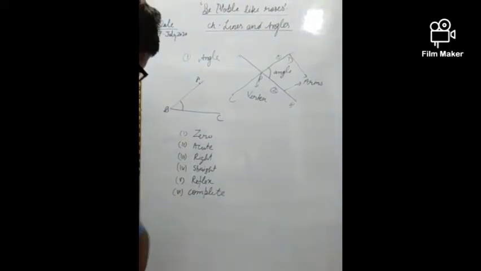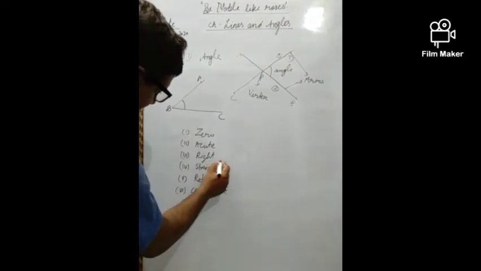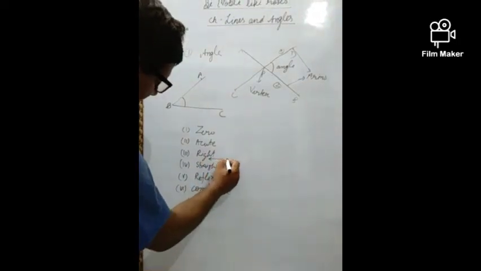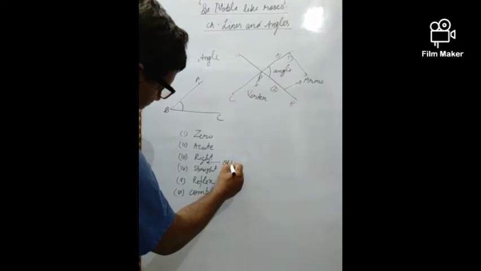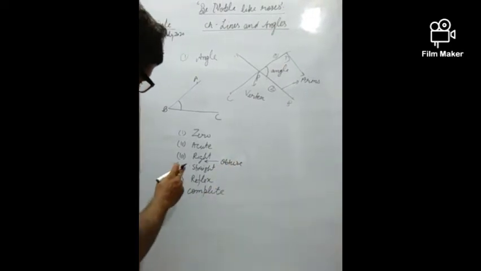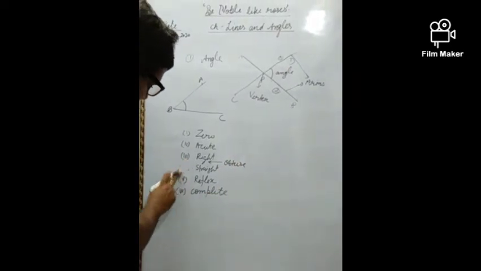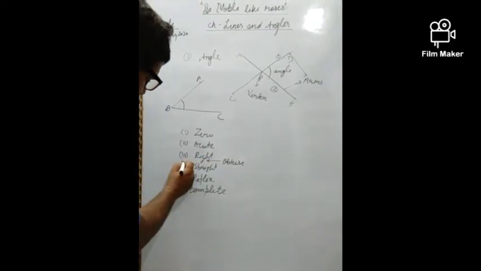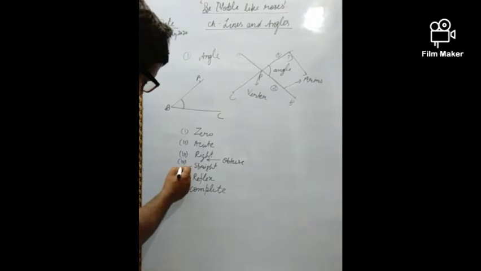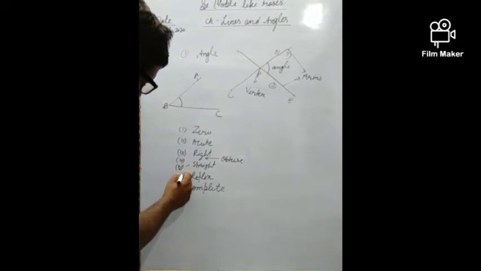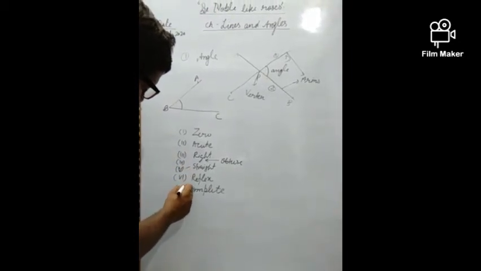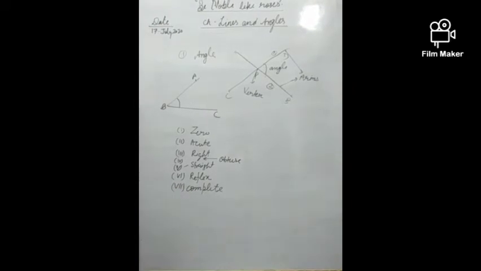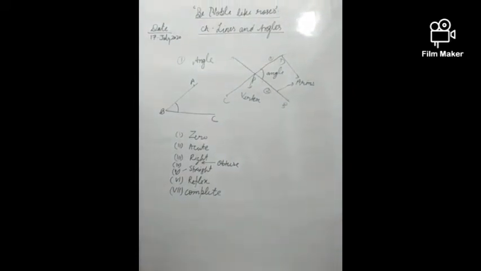And my dear, one point is missing here. There should be one more, that is obtuse. So the numbering will change. We will take the new numbering: this one as the fourth, this as fifth, sixth and seventh. So the total number of angles is 7.